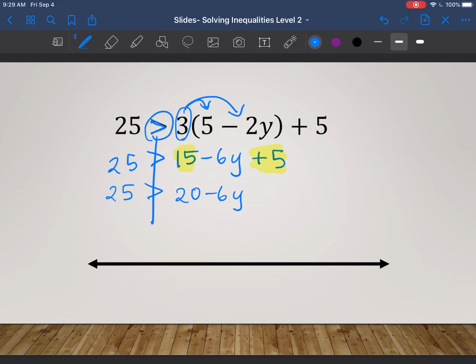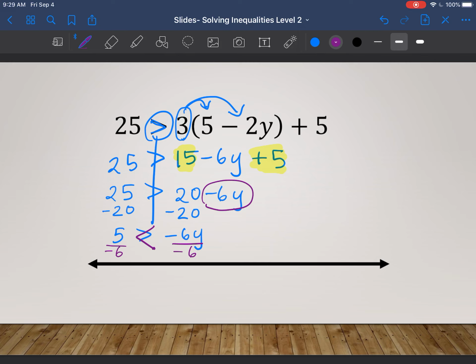Now we are ready to isolate the y. To do that, we have to get rid of this positive 20 first by subtracting, leaving us with just this negative 6y. Don't lose that negative, because now we have to divide by the negative 6. And when we do that, it flips.